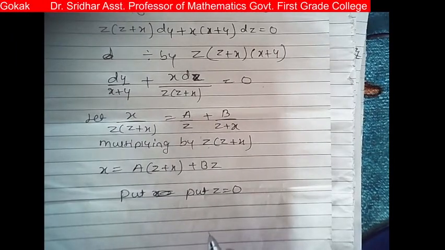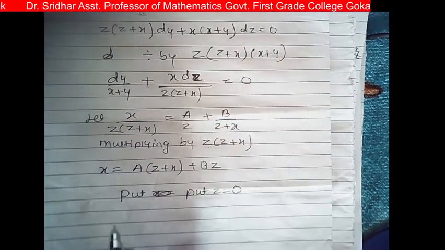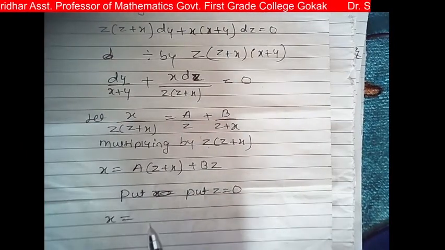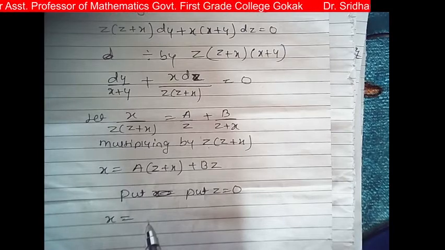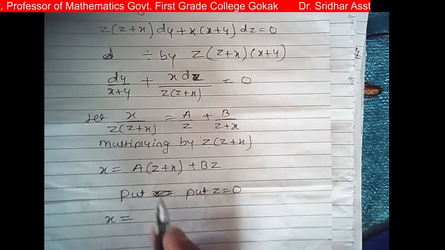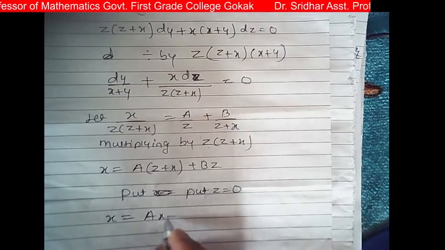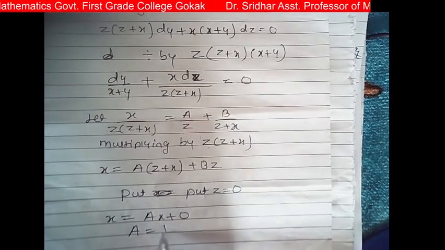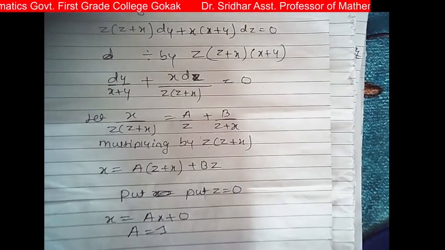Put z is equal to 0. Then what we get, this is equal to x into a (z plus x) plus 0, so x get cancelled, a is equal to 1 you get.